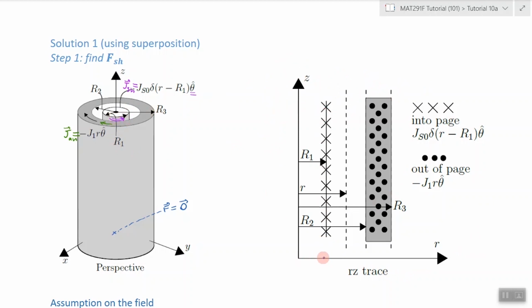Now, what is an RZ trace? A lot of students actually ask this. So an RZ trace is a trace where one of the axes is the distance from the z-axis and the other one is z.